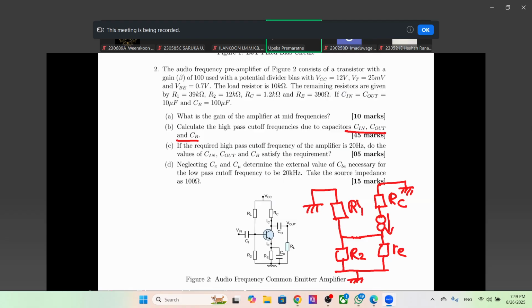Sorry, I have to make a small correction here: here we have R simple E, and here R capital E. The input capacitor, output capacitor, and the bypass capacitor.